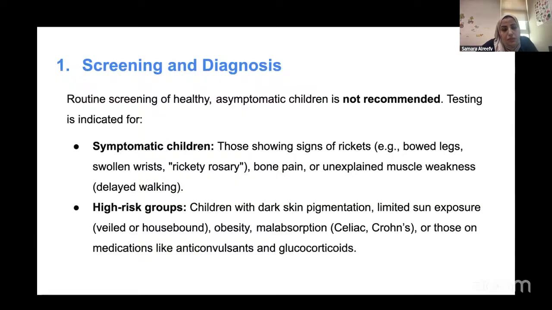However, for symptomatic children showing bowing of the legs or signs of rickets, bone pains, or unexplained muscle weakness, it is recommended to screen them by testing for 25-hydroxyvitamin D. Higher-risk groups, such as obese children, those with darker pigmentation or limited sun exposure, those with celiac or malabsorptive disease, and children on anti-epileptic medications or long-term steroids, should also be screened.